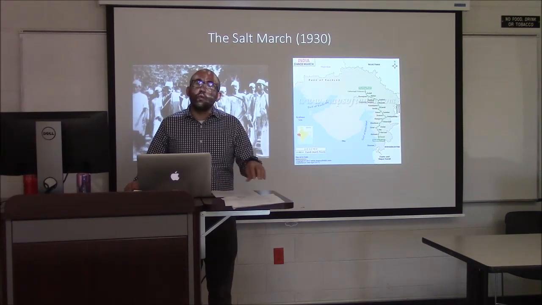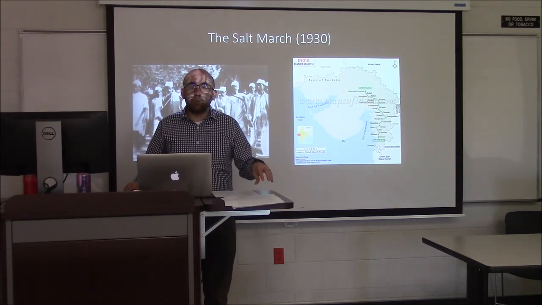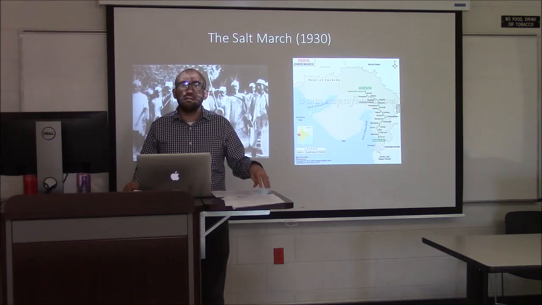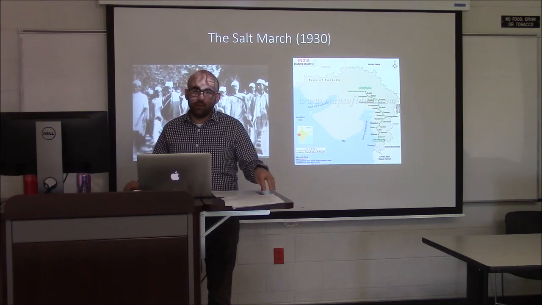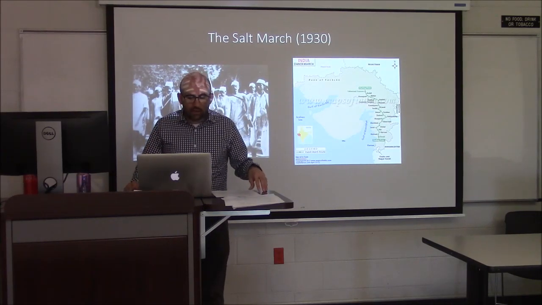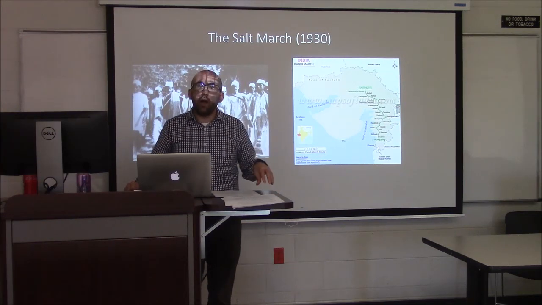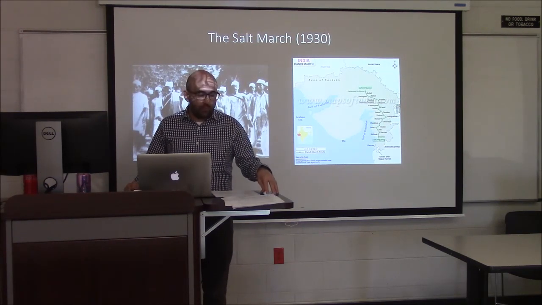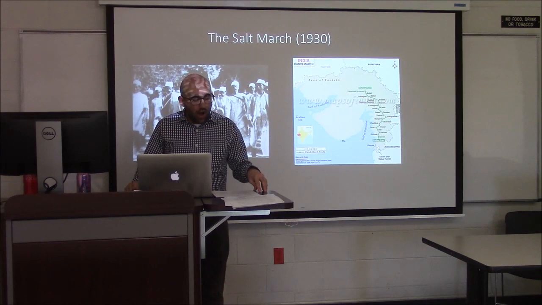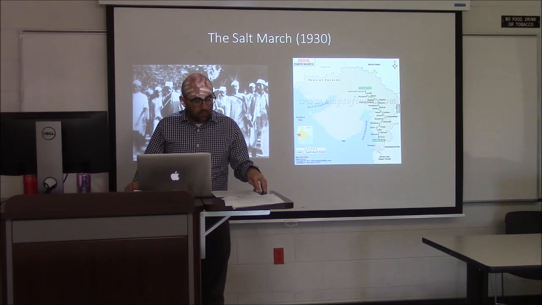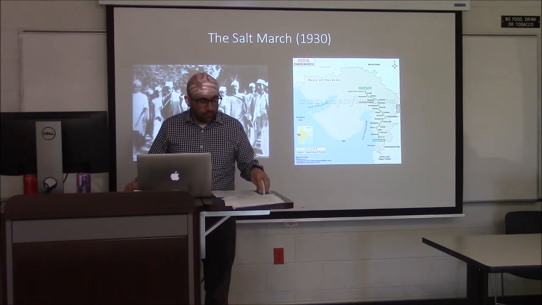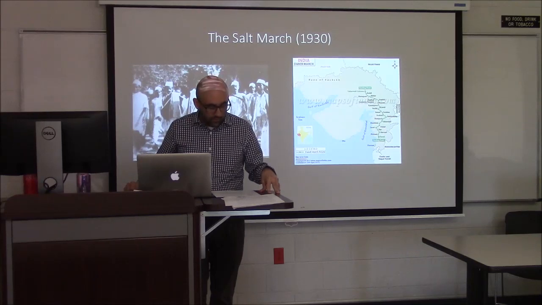Gandhi, in other words, clearly was capable of mobilizing the masses of India against Great Britain. And indeed, his efforts in many respects were a model, and a model that instilled fear in the colonizing power.